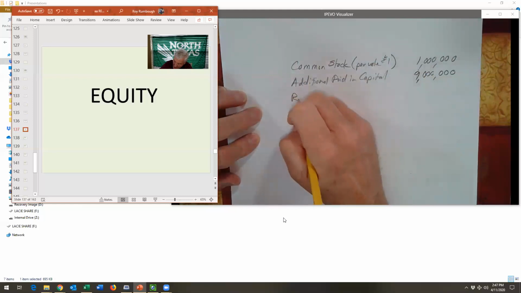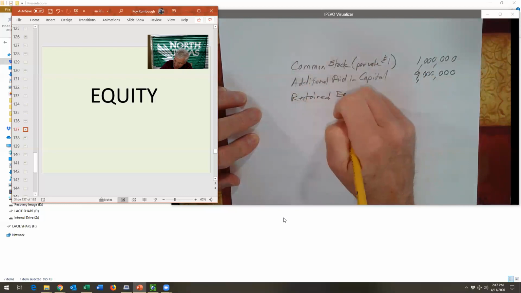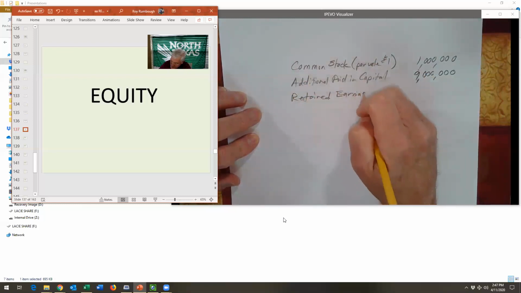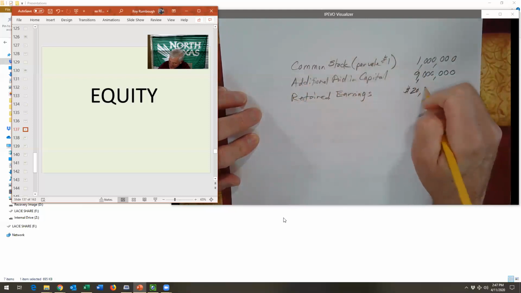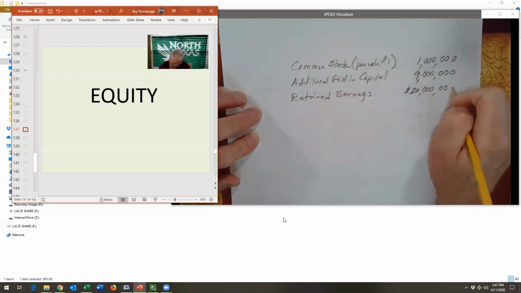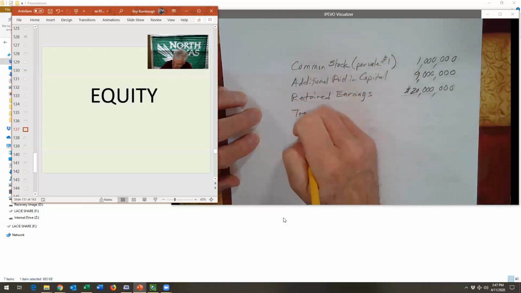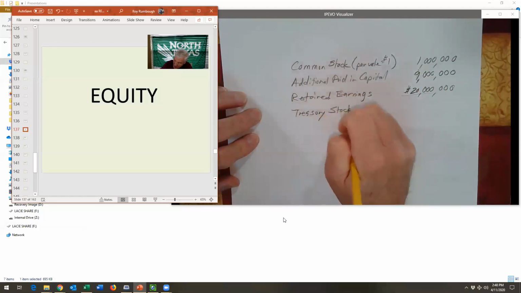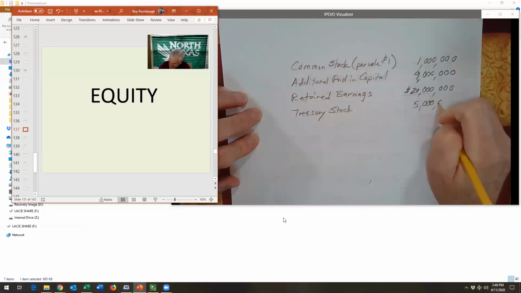And let's say they don't have preferred stock, retained earnings. Let's just say, hey, this company's made a lot of money over time. Let's say it has 20 million of retained earnings, and they took those earnings and they bought back treasury stock. And let's just say they bought back $5 million of treasury stock.